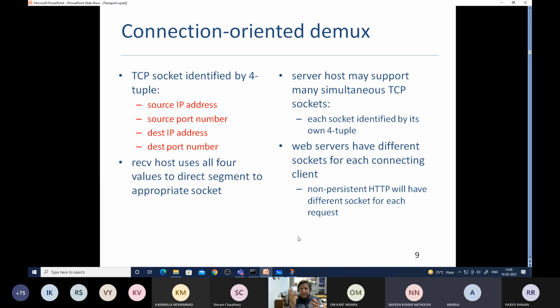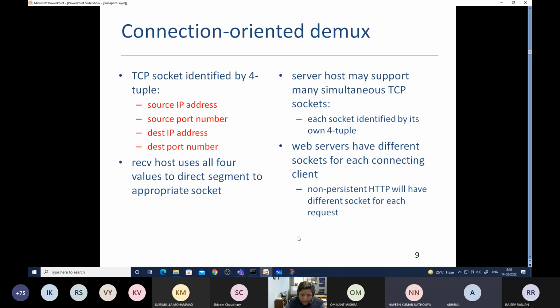So even if three things are the same and one is different, that would be a different socket. A server host may support many simultaneous TCP sockets. Each socket will be identified by its four-value tuple. As an example, web servers have different sockets for each connecting client, and in case of non-persistent HTTP, will have different sockets for each request.